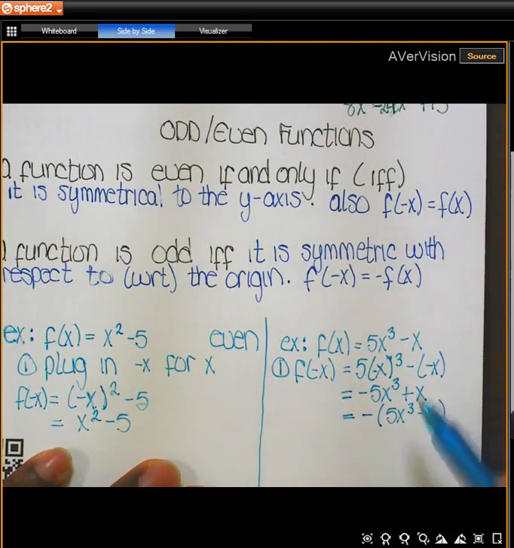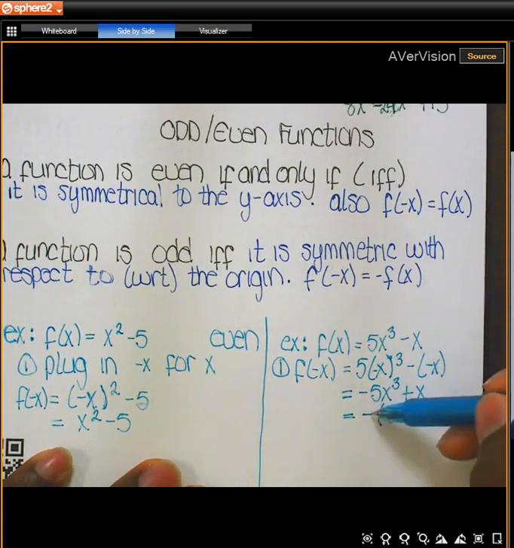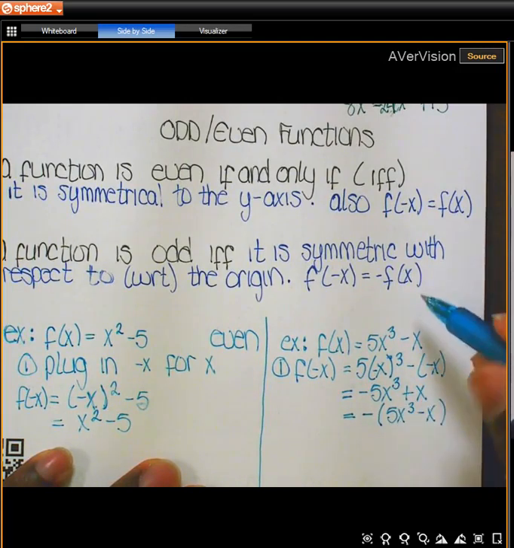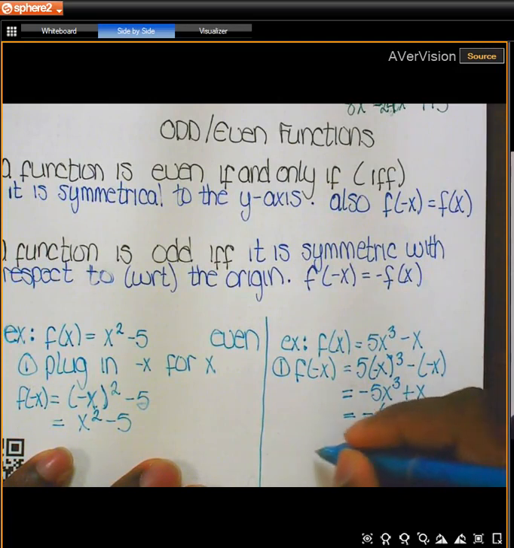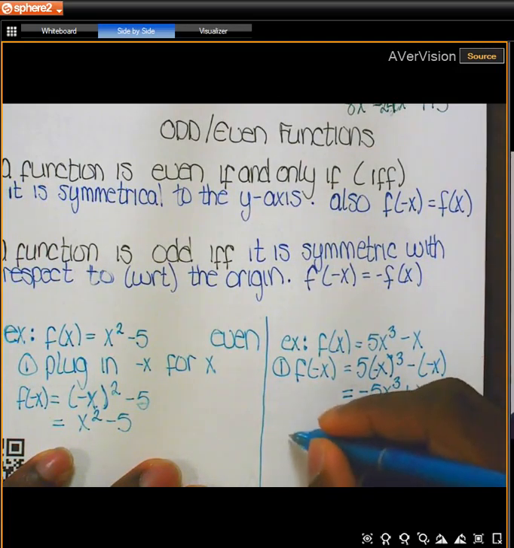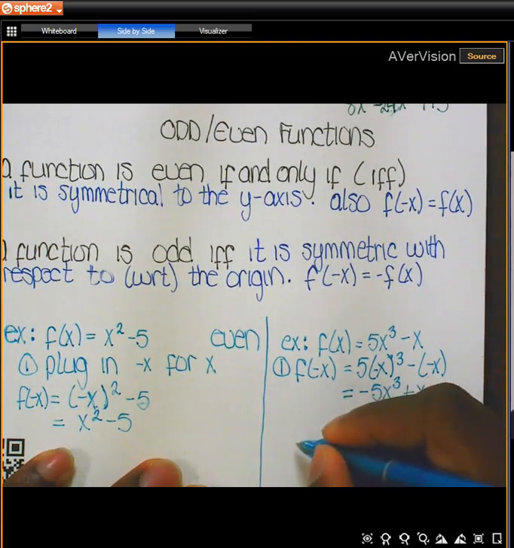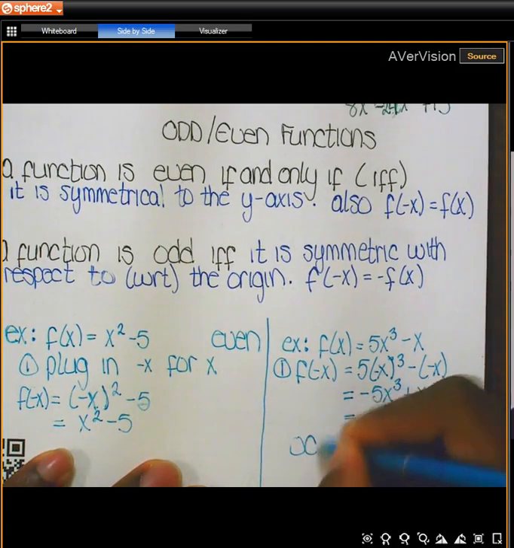And isn't that the same as the original problem, just with the negative on the outside? Yes, it is. So this is odd.